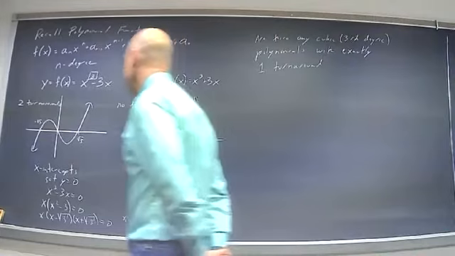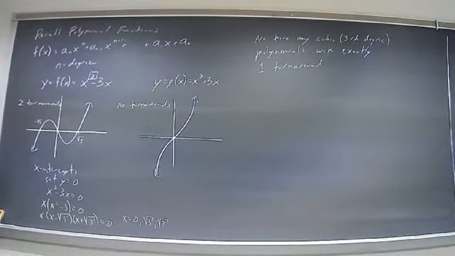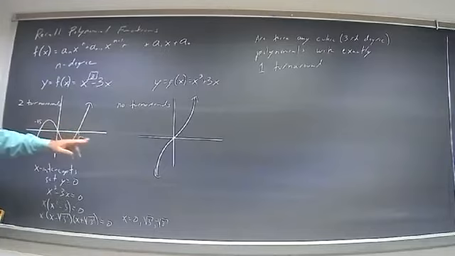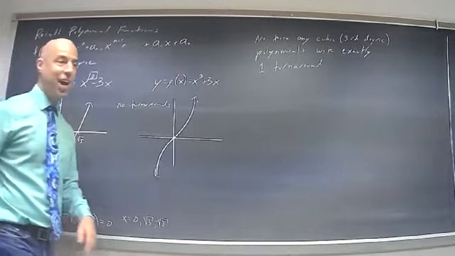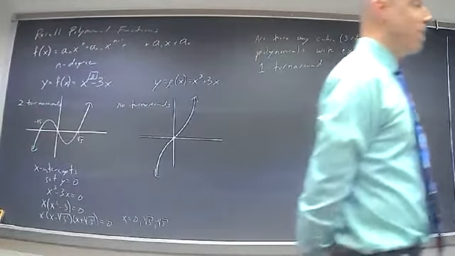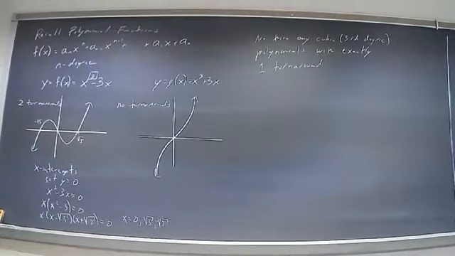So remember, well, actually, let me not give you that clue yet. So we see there's one with 2, and there's one with 0. Are there any with exactly one turnaround? Remember what you know about third degree polynomials.